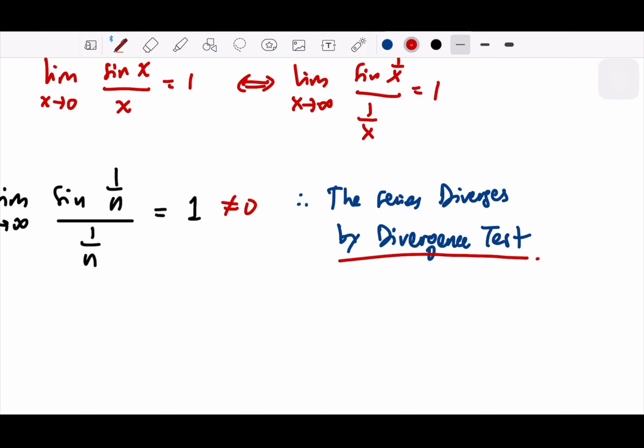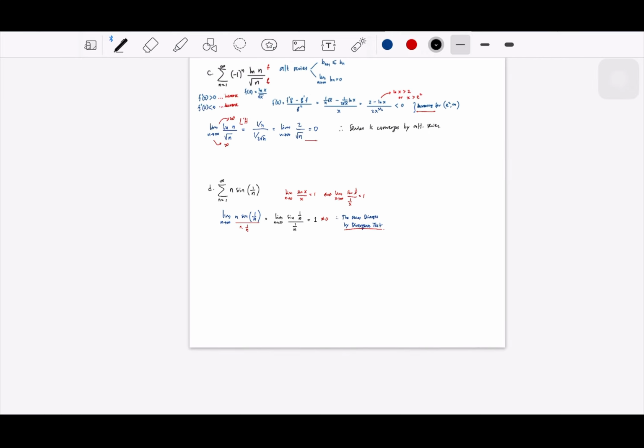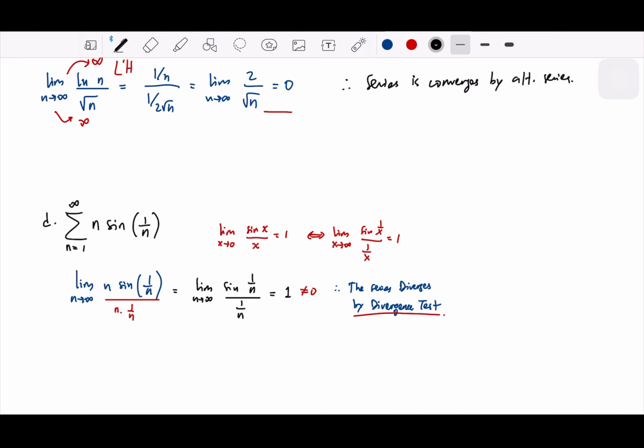Okay, so that's a few examples of how to use the testing methods for some series.